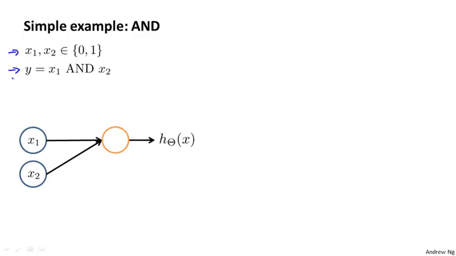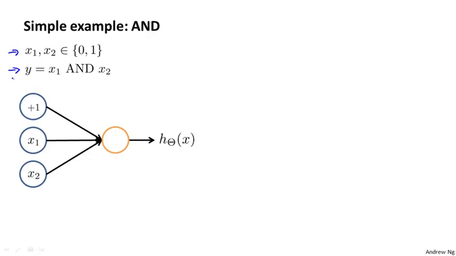This is a logical AND. So can we get a one-unit network to compute this logical AND function? In order to do so, I'm going to draw in the bias unit as well, the +1 unit.